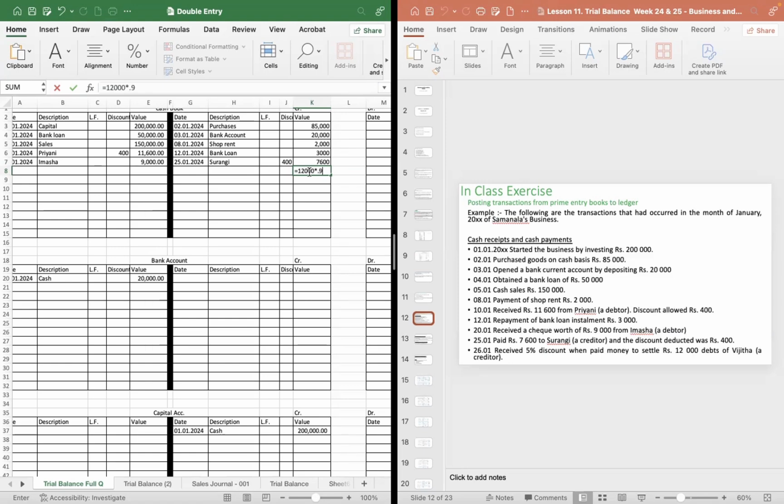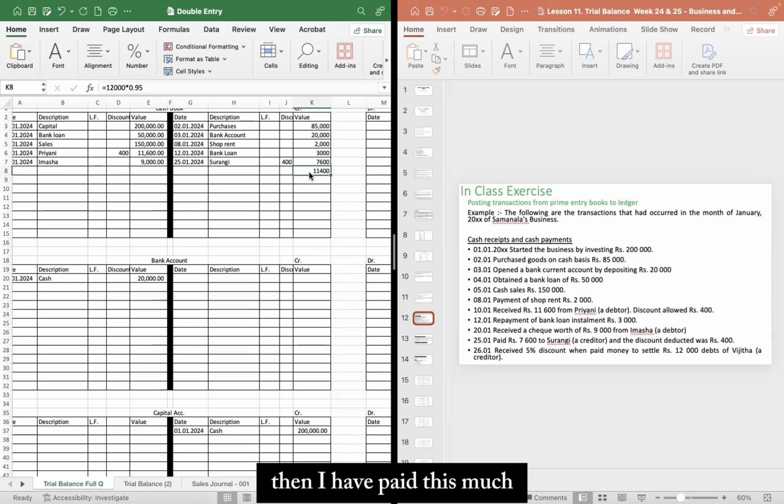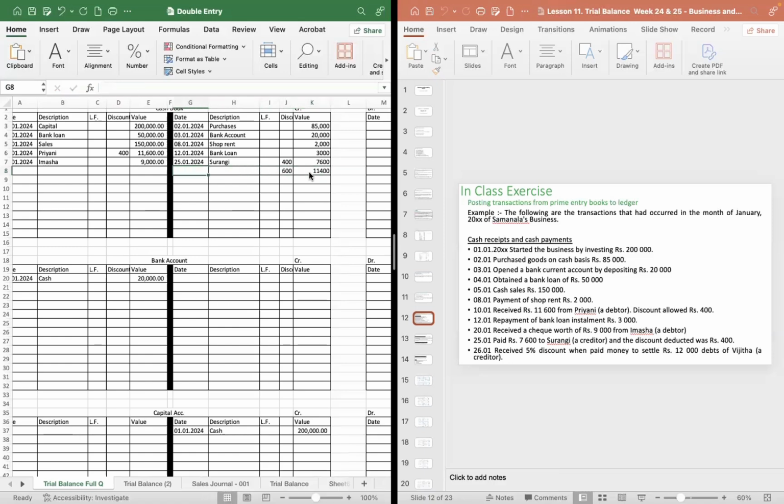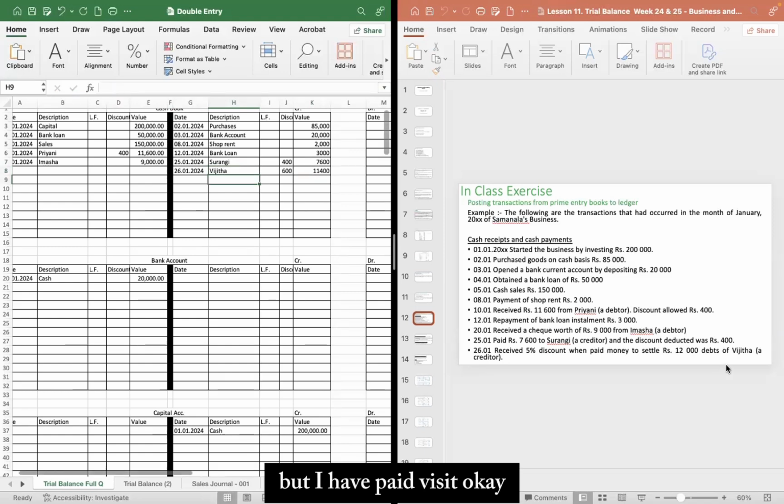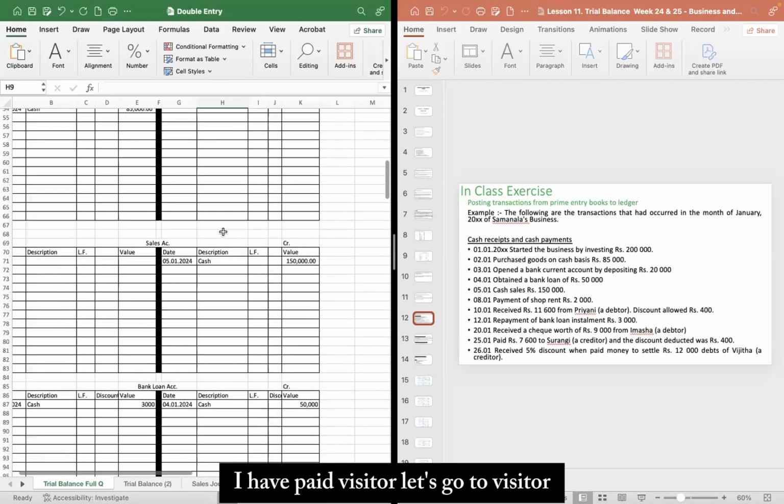Then I have paid this much and I have received 5% discount. Okay. 26 Jan 24. So I have paid Vijita, okay? I have paid Vijita. Okay, let's go to Vijita.